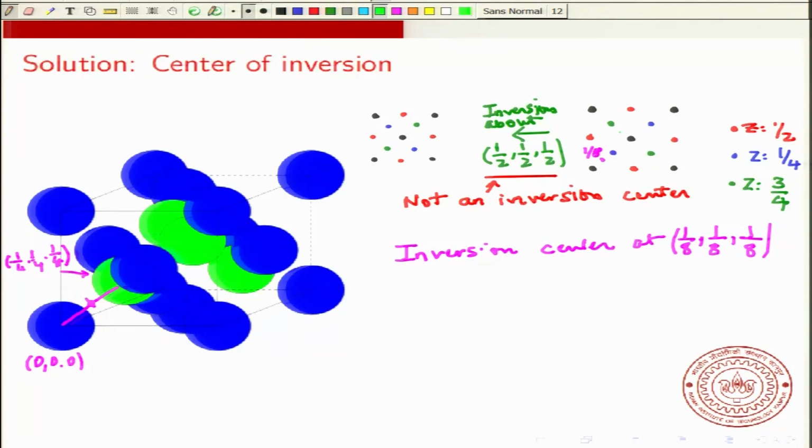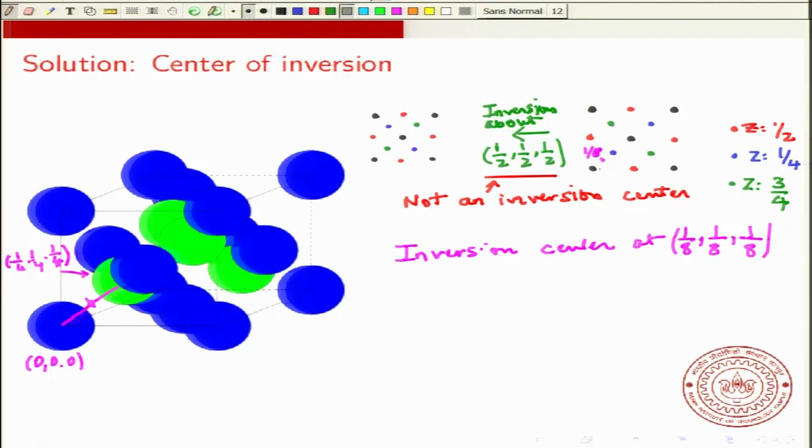There are several other inversion centers which are again not shown, because of the reasons we mentioned the last time, that you only need to consider the asymmetric unit to show the inversion center.